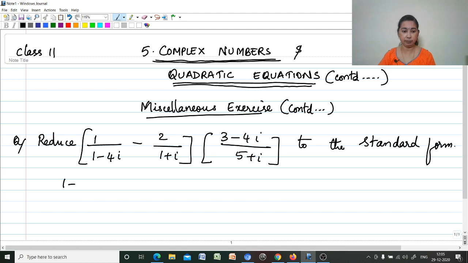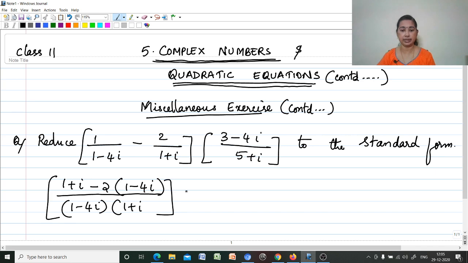So we will get (1 plus i minus 2 into (1 minus 4i)) divided by (1 minus 4i) into (1 plus i), into the next term, (3 minus 4i) divided by (5 plus i).